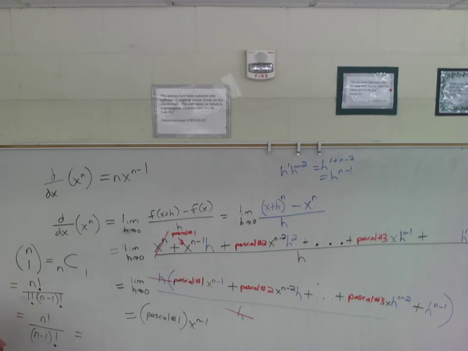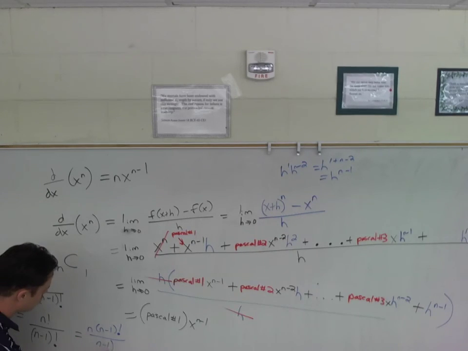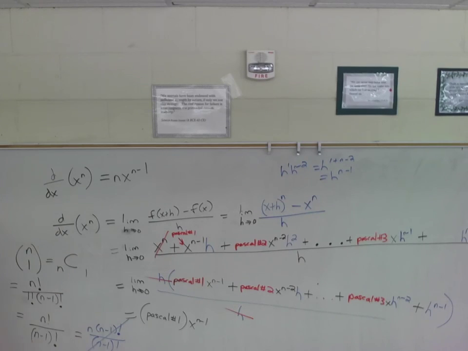The way you rewrite factorials is you can write n factorial as n times n minus 1 factorial. 5 factorial is also 5 times 4 factorial. That's why you can rewrite that dot part.